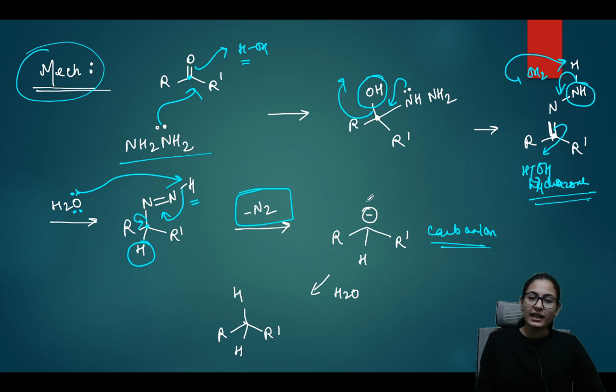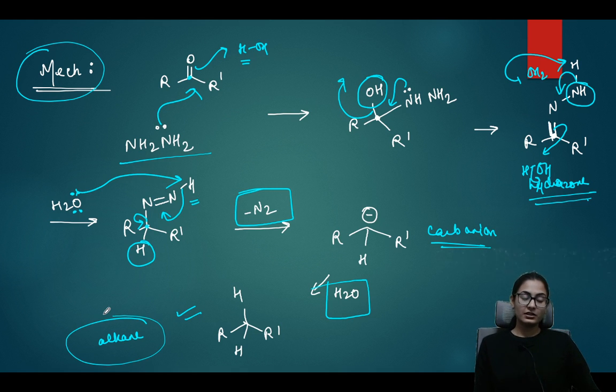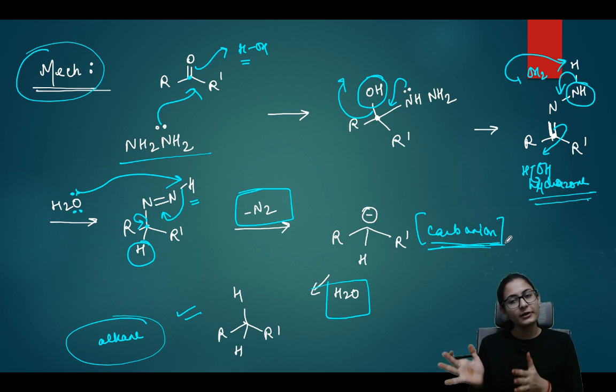Now this carbanion, after abstracting a proton from water, is going to give you your alkane. So the reaction happens in basic conditions, and hence through the mechanism you see it leads to the formation of the carbanion.